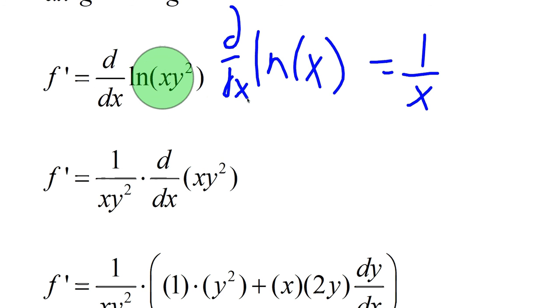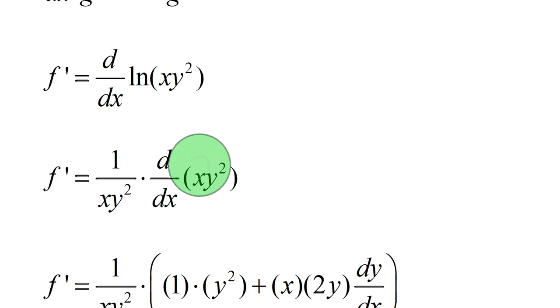So let's just start with that simple fact. So the derivative of this would be 1 over xy squared without doing any chain rule, right? Then we'd have to multiply by the derivative of the inside, in order to use the chain rule. So it'd be times the derivative of the inside, and we're going to go from there. All right, so that's pretty much all we need to explain for right now.